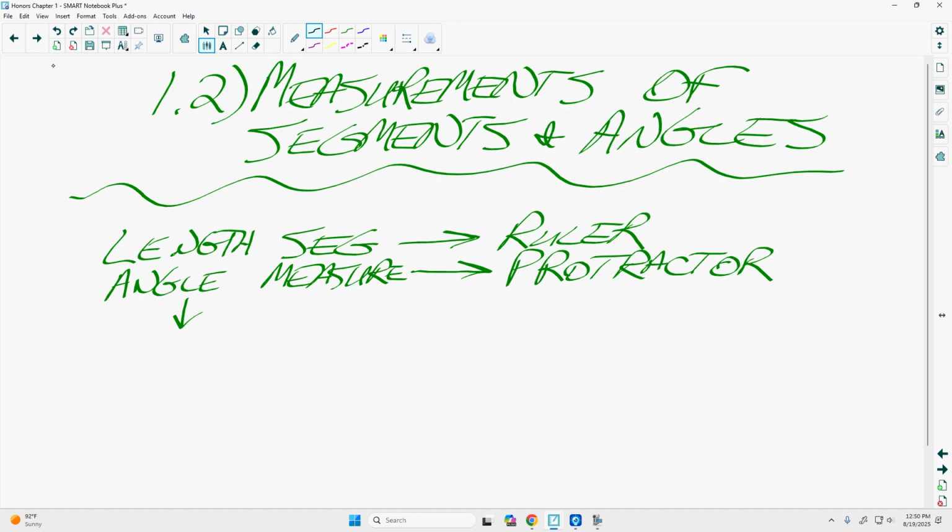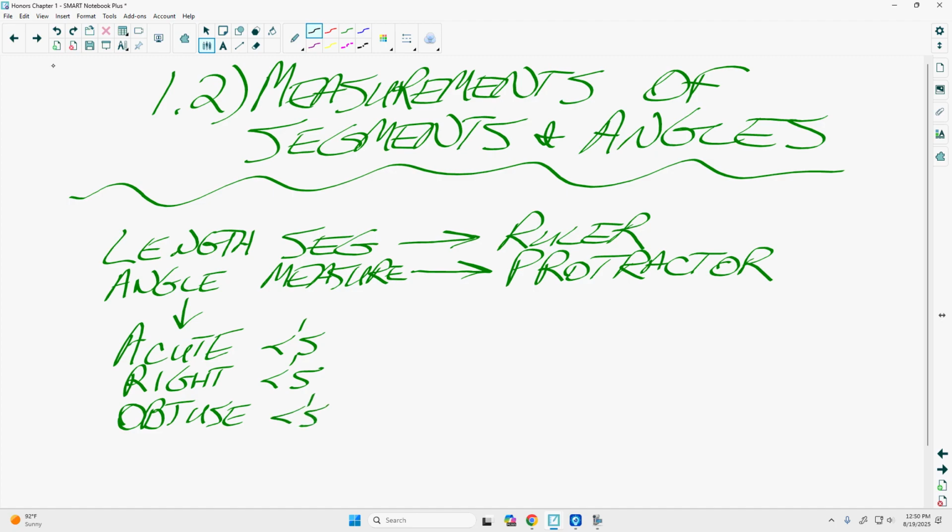There are different ways to classify angles. There are acute angles, right angles, obtuse angles, and there's also the one that I mentioned, straight. S-T-R-A-I-G-H-T. There are straight angles. Okay, acute is less than 90.